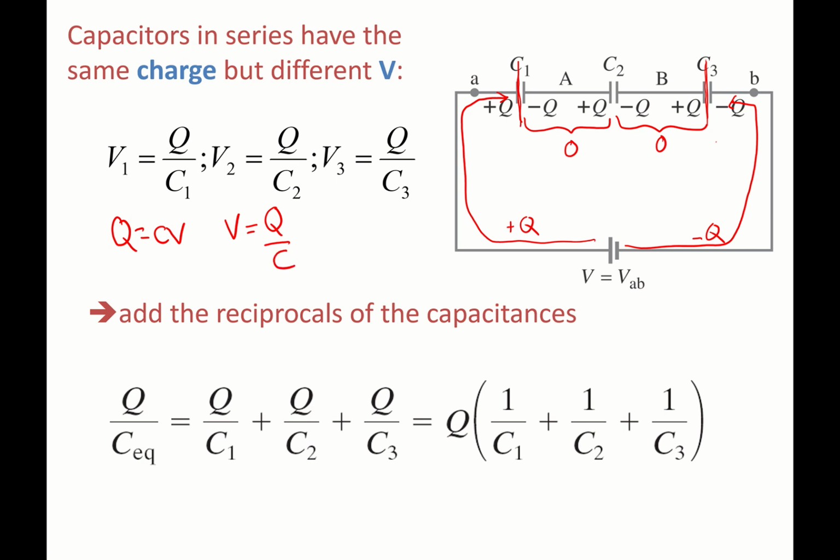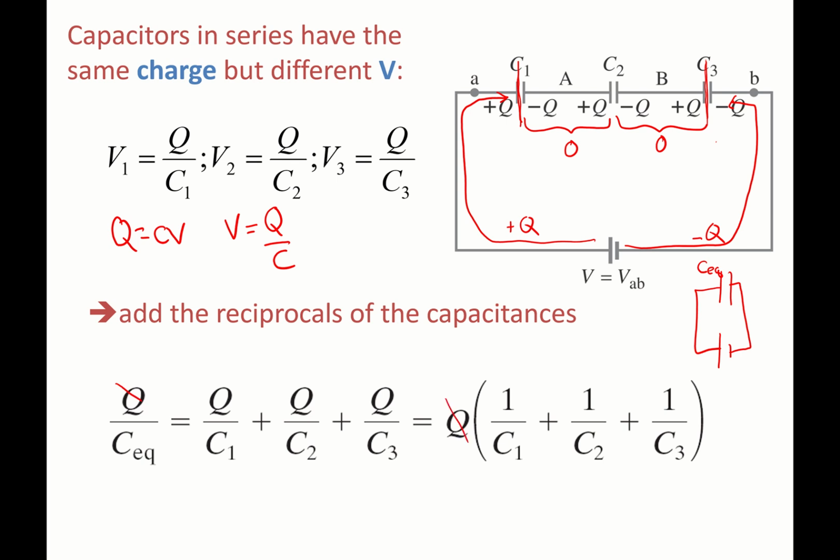So we know the Q's are the same, and so the voltage on each capacitor is equal to that charge Q divided by whatever the value of its capacitance is. So if I'm going to replace that again with a single capacitor and a single battery, Q over C equivalent has to be equal to Q over C1 plus Q over C2 plus Q over C3.